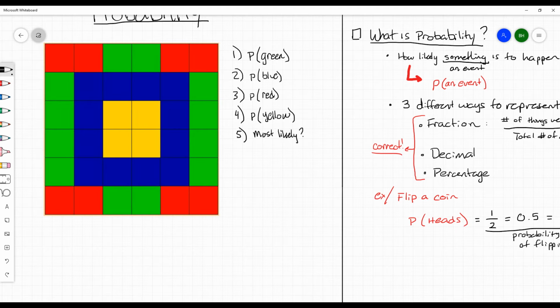Sometimes it's a square, it could be a triangle, a circle, anything that has partitions or different sections in it, and it will be known for us in the future as the area model. The area model is a tool to solve probability problems.